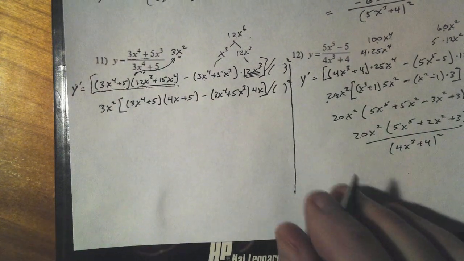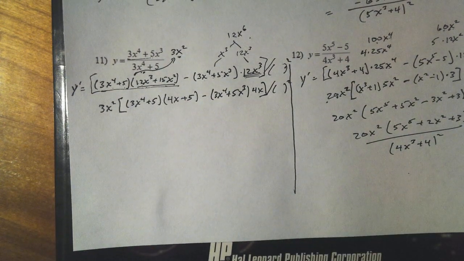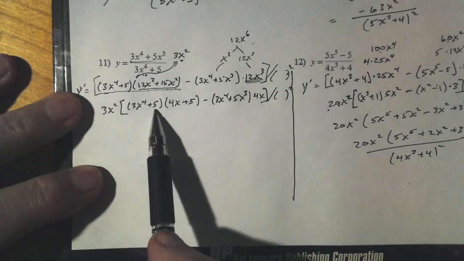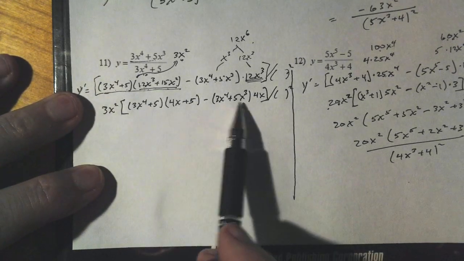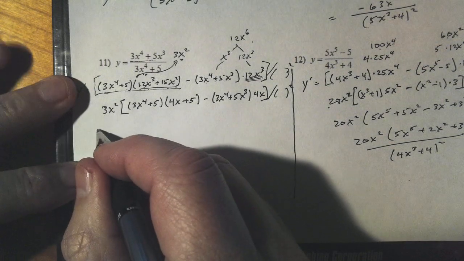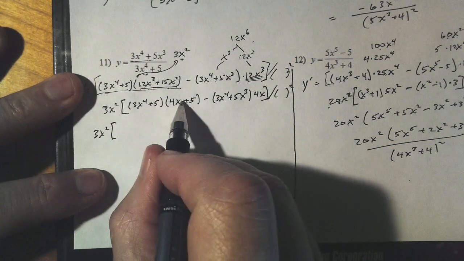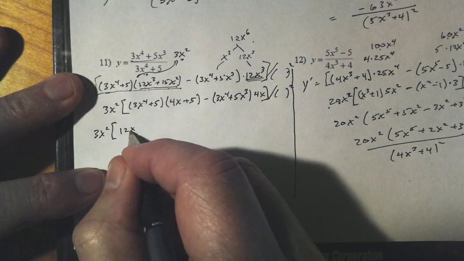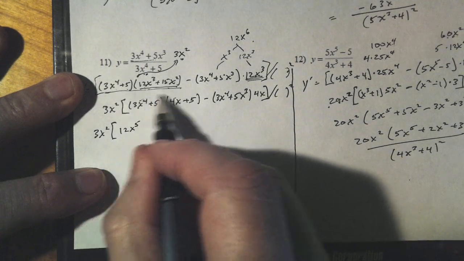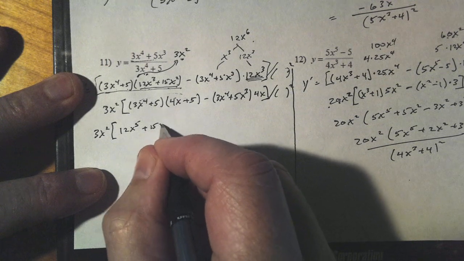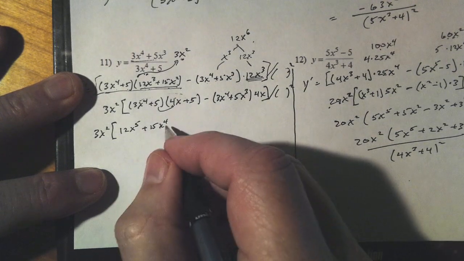So, good shape there. Now, truthfully, a good Algebra 1 student, end of the year, could do this. So here we go, 3x squared. Let's FOIL. I get 12x to the 5th. I get plus 15x to the 4th.